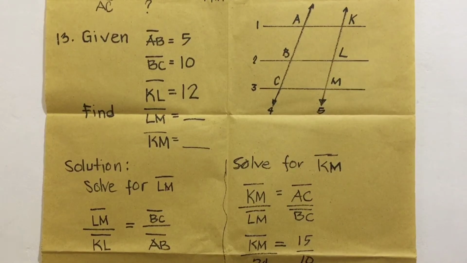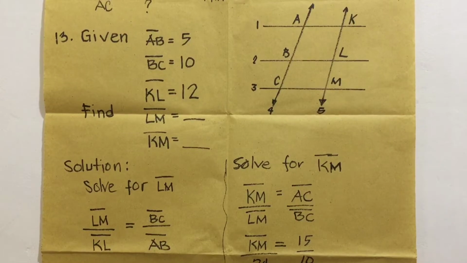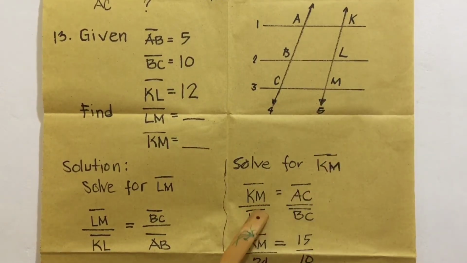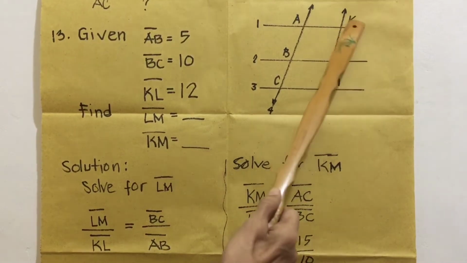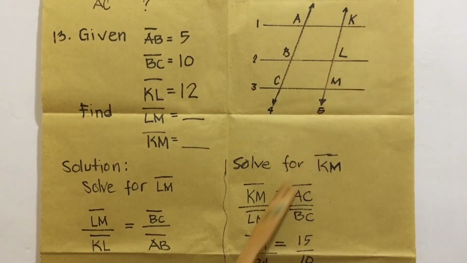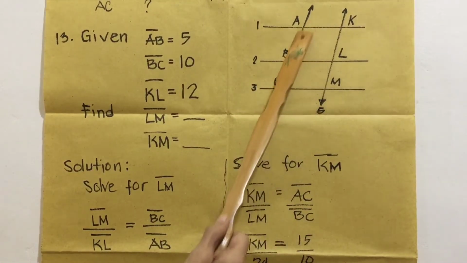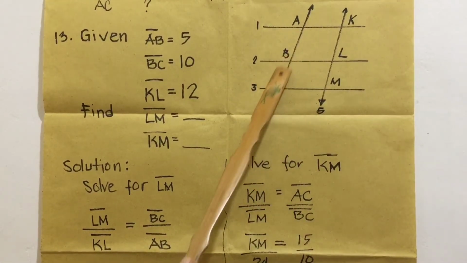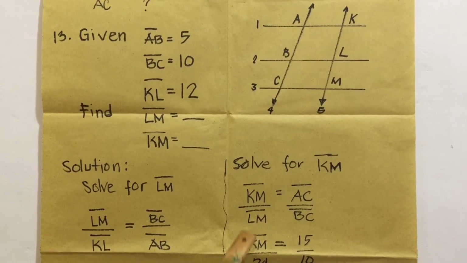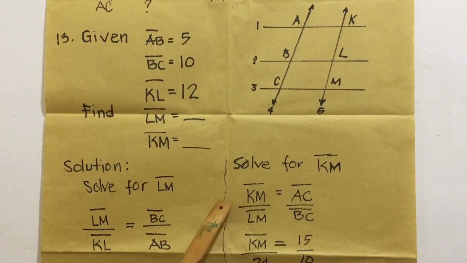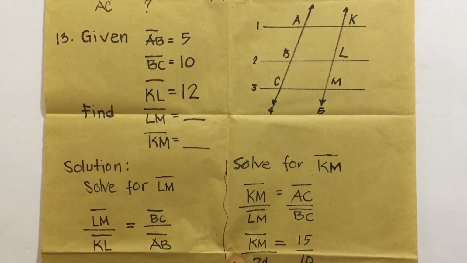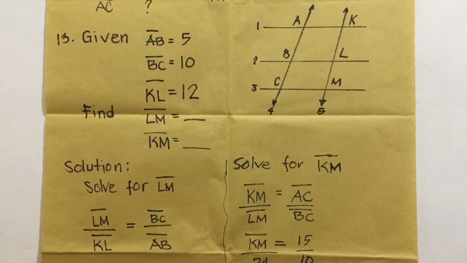Next, we're just going to solve for KM. So we have to set up first segment KM over LM, then the other side should be the same: segment AC equals segment BC. Then after the proportion, our next is substitution.